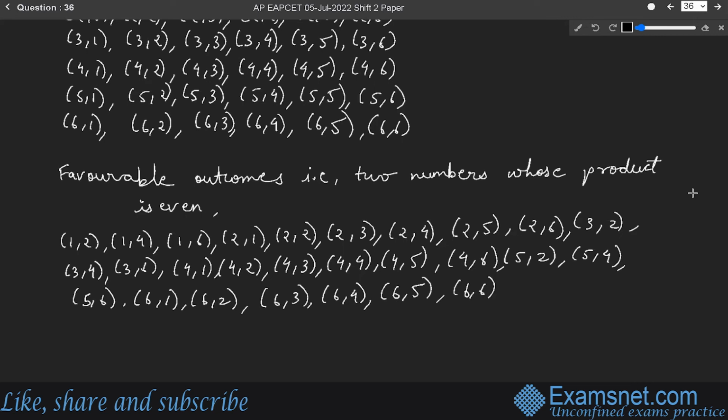These are the number of favorable outcomes whose product is even. Means these are the pairs who have the numbers whose product is even.